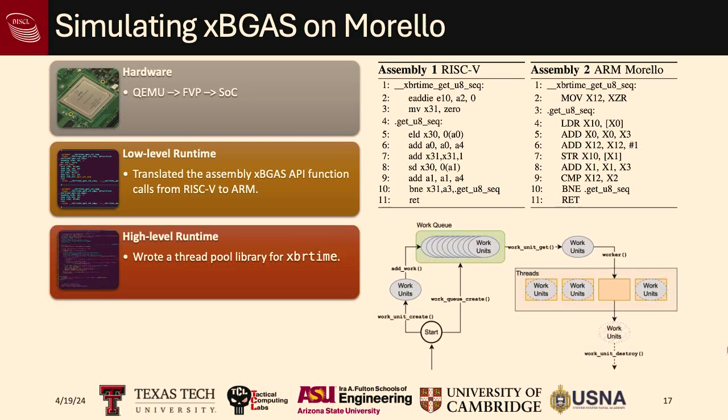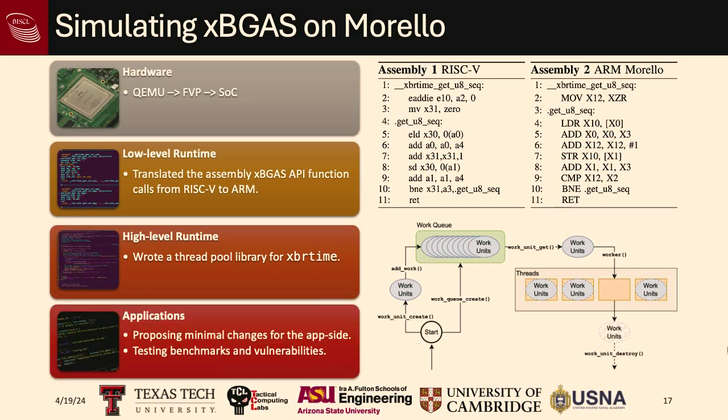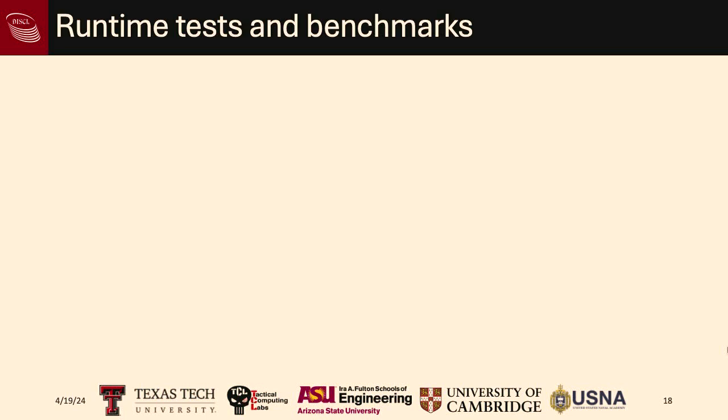And since the CHERI architecture itself and the Morello board itself don't have the architectural extension that we have, we model the behavior of PEs by just using threads. So the simulation is limited in scope on that. And we propose minimal changes to how an xBGAS app operates as is, so that we can run the benchmarks and test vulnerabilities accordingly.